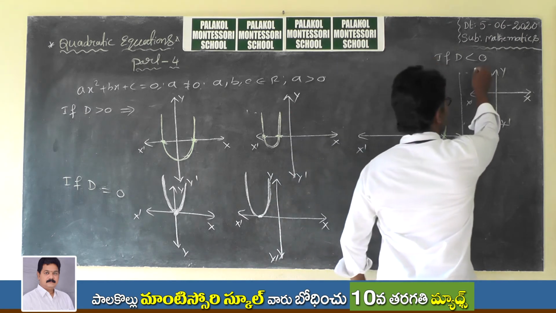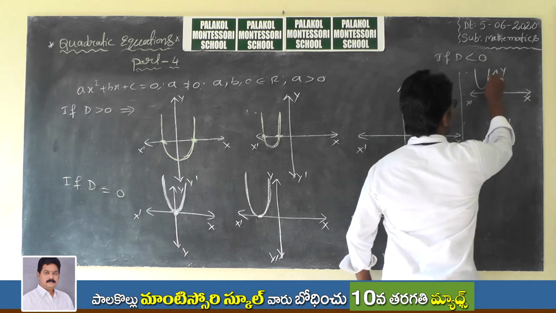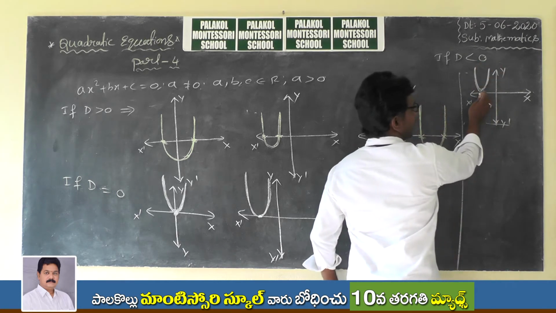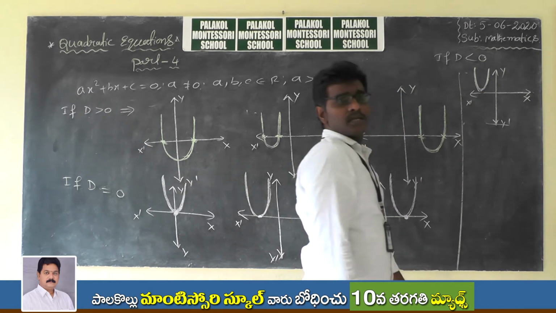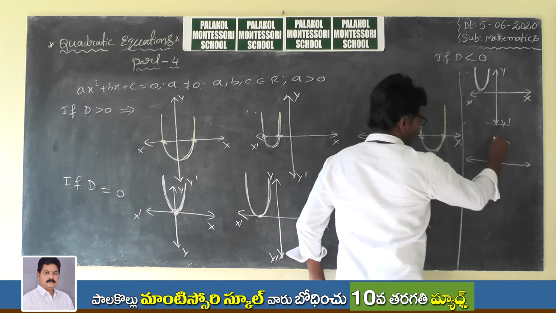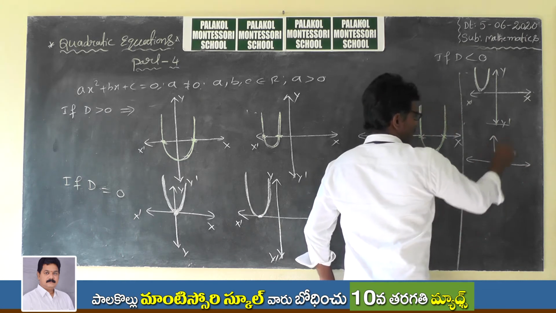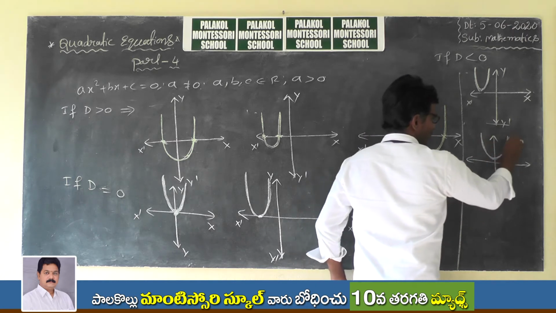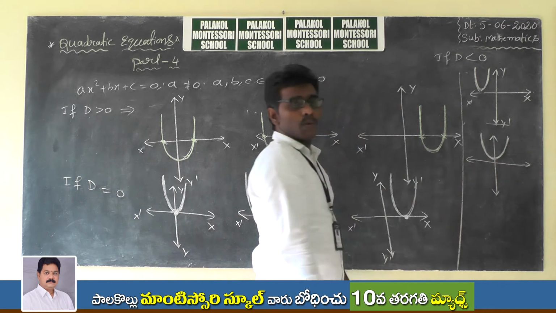The curve does not touch the x-axis, so that means no real roots. Why? It does not touch the x-axis, so no real roots. I draw one more graph in this situation like this. It does not touch the x-axis, so no real roots.